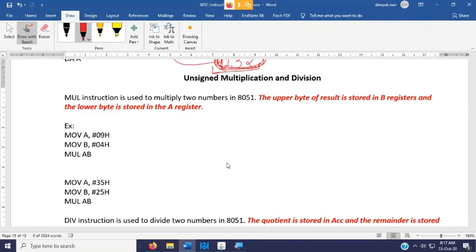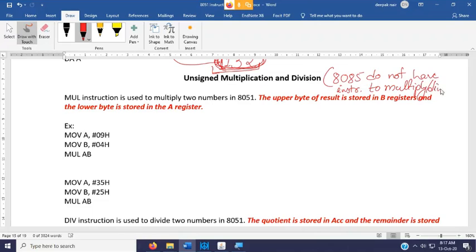Now coming to unsigned multiplication and division. 8085 does not have any instruction to multiply or divide numbers.